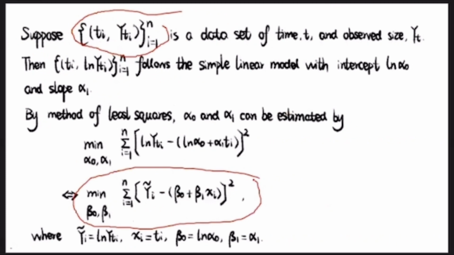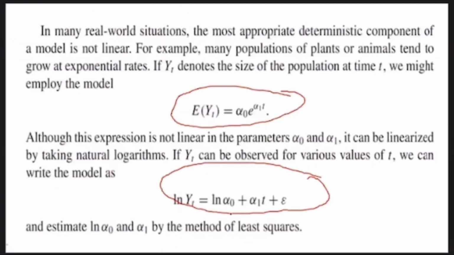We differentiated with respect to beta naught and beta 1, and we were able to put in place the estimators for beta naught and beta 1. But because we have new parameters after the transformation, take a look at what I have here: ln alpha naught and that.